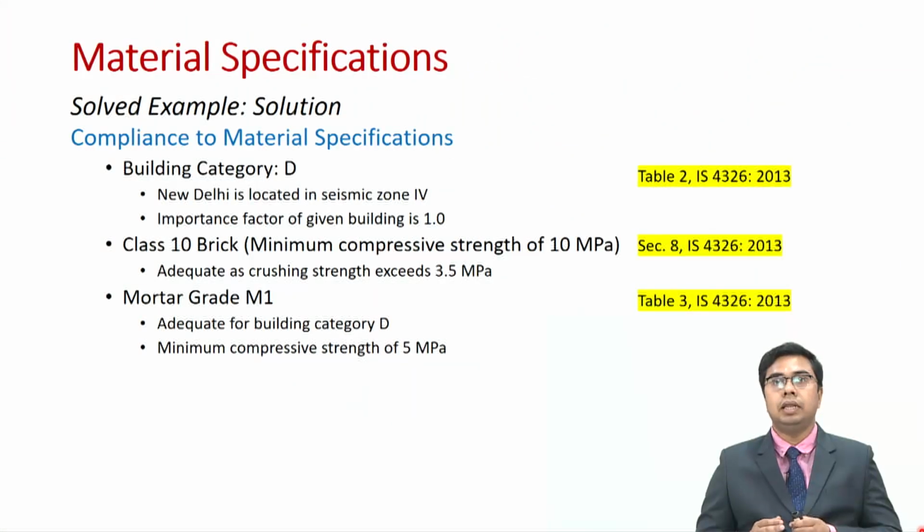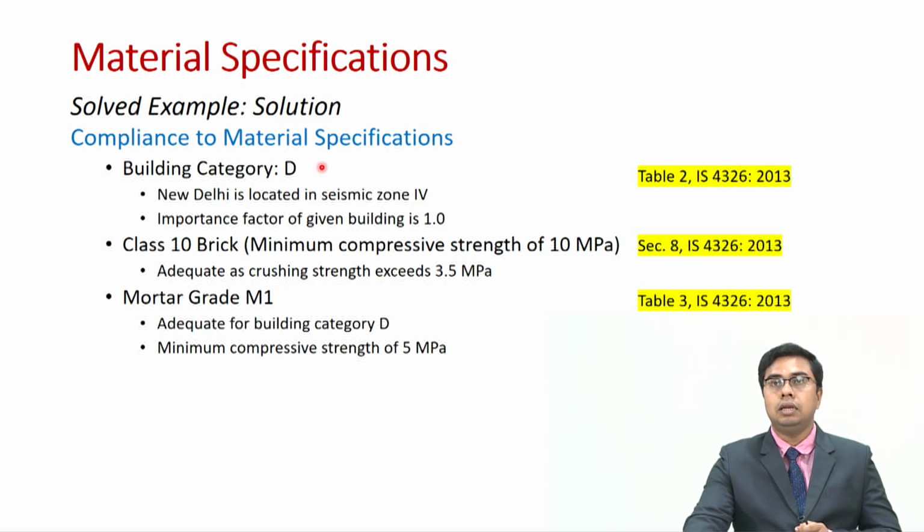Since our building is supposed to be located at New Delhi, which is located in seismic zone 4 and has an importance factor of 1, based on table 2 of IS 4326 2023, the building category is specified as D. I hope you have the copies of IS 1905 and 4326 ready at your desk for a quick perusal.